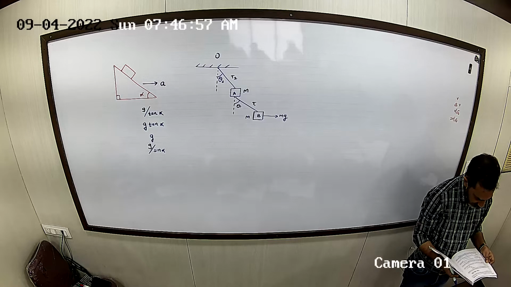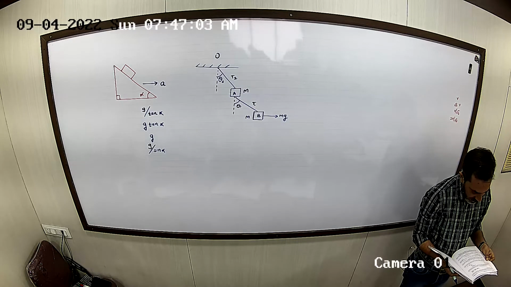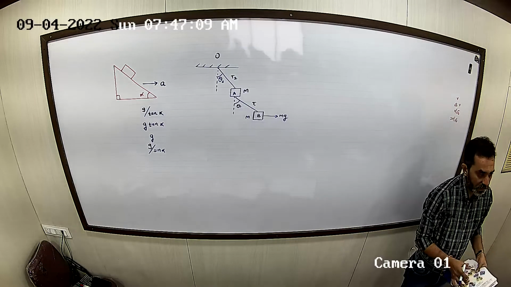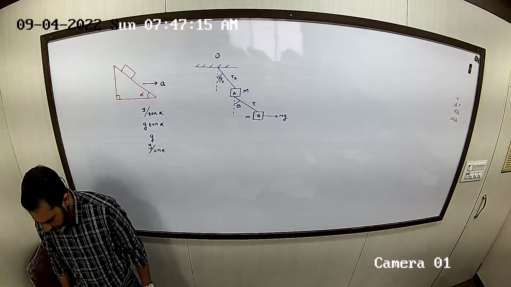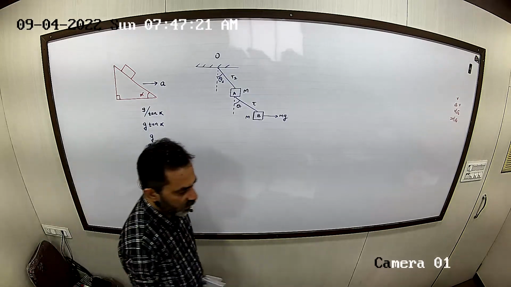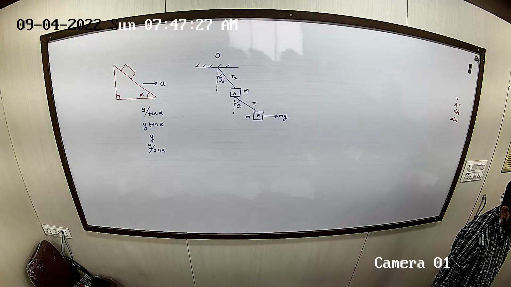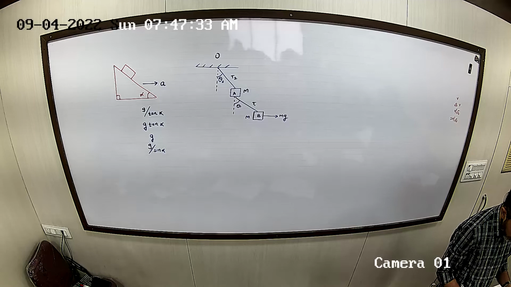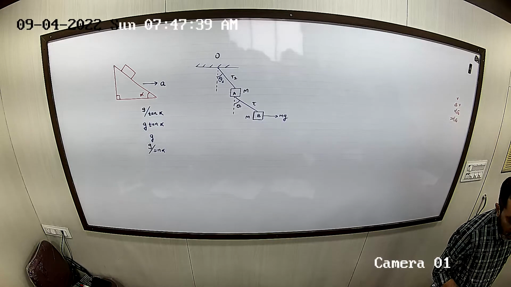Question is, the system is in equilibrium with constant force mg acting on block B horizontally.